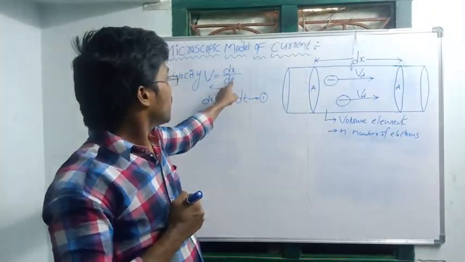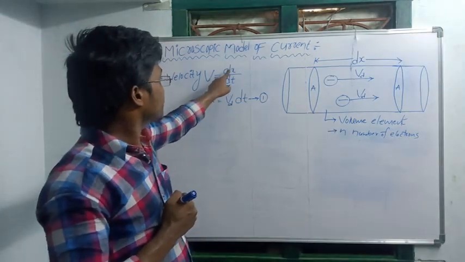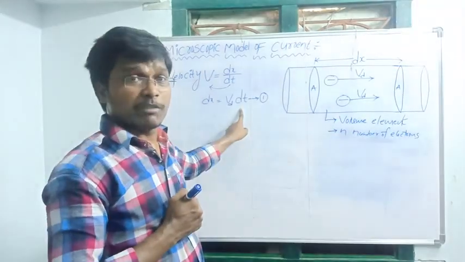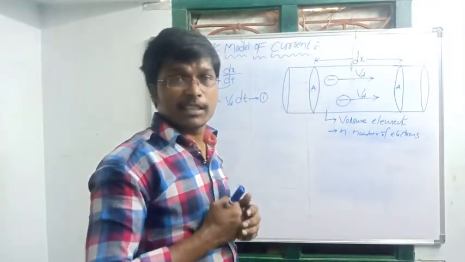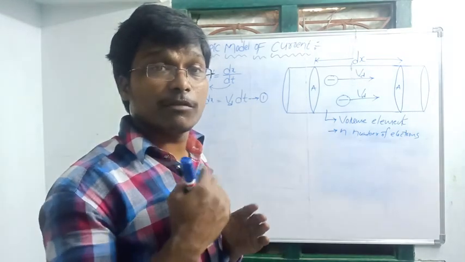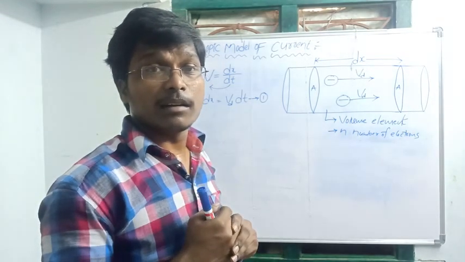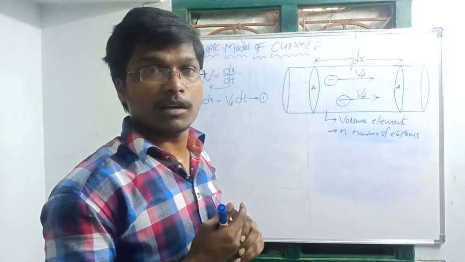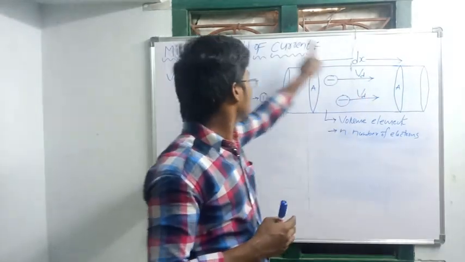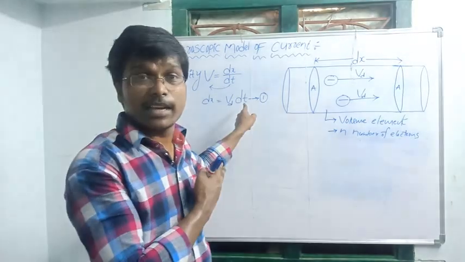So dx is equal to v into dt. But according to the previous class, all the electrons inside the conductor have drift velocity, correct? So in place of v I denoted vd, and here also in place of v I denoted vd.